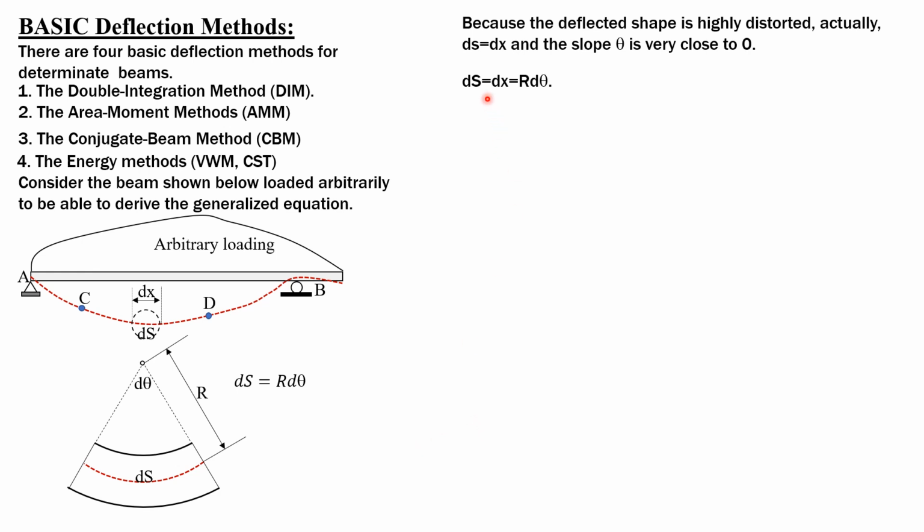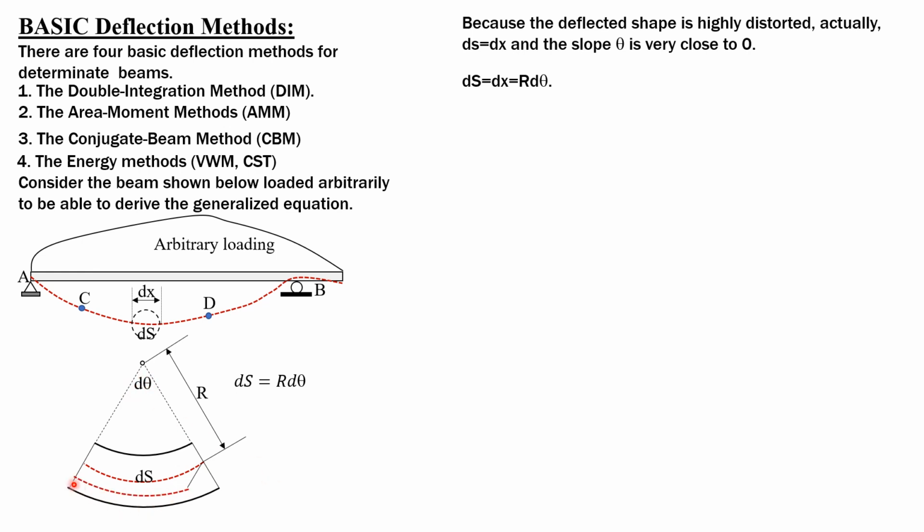So ds is equal to dx, and dx is equal to, from this equation, r d theta. Then we draw a line parallel to this radius here so that the angle formed between these two lines is the same as theta.